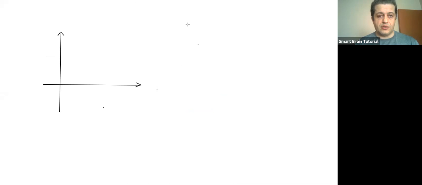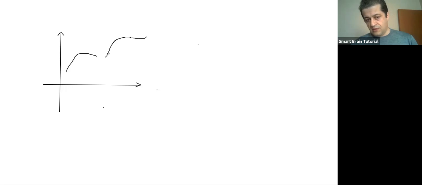There is a graph like this, for example. From here it continues again with another part of the graph. So the graph is divided in two parts, and here we have a breaking point.